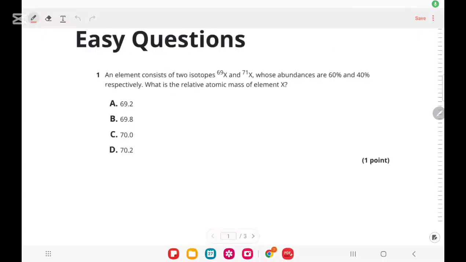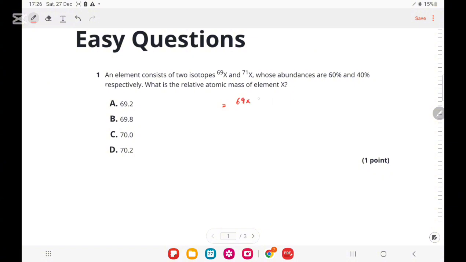The question says that an element consists of two isotopes X69 and X71 whose abundance are 60% and 40% respectively. What is the relative atomic mass of element X? So in order to find out the relative atomic mass, we are going to use the same formula which we have discussed before, that is the average atomic mass times with its relative abundance.